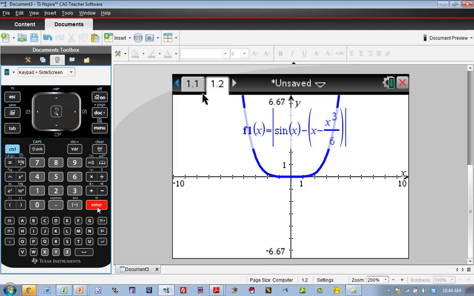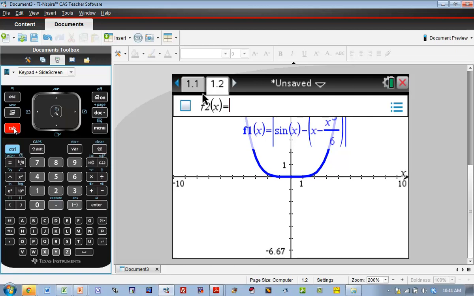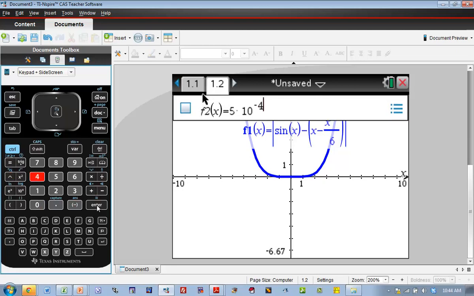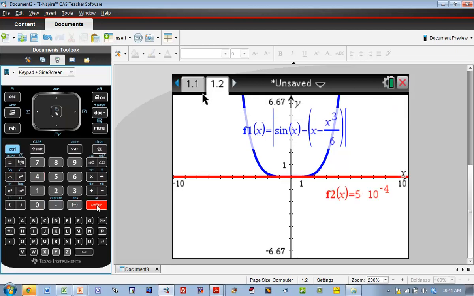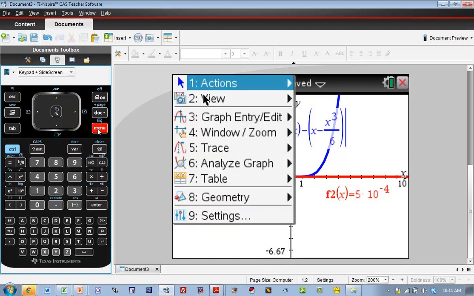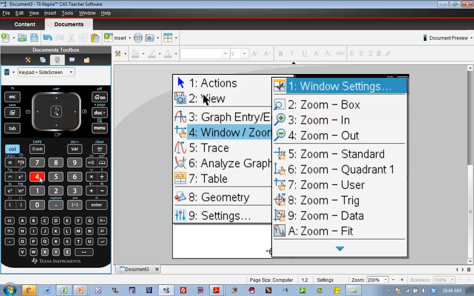Well, let's find out where this graphically crosses my minimum acceptable error, 5 times 10 to the negative 4th. Now, hard to see where that intersection is, so let's zoom in. Let's change the window to see if we can get in there. I'm going to change the window settings.